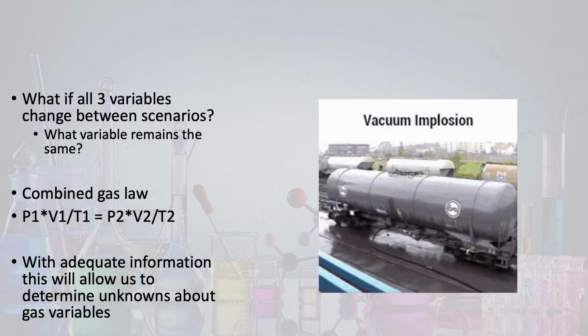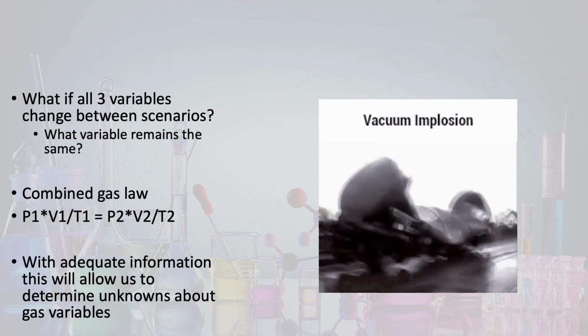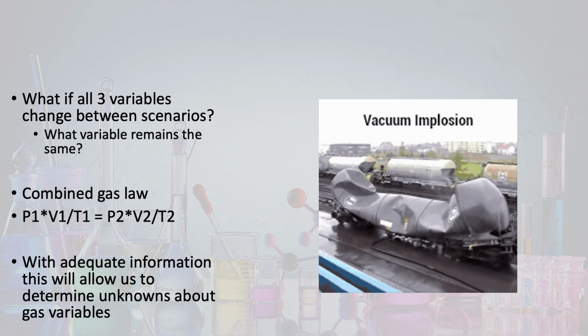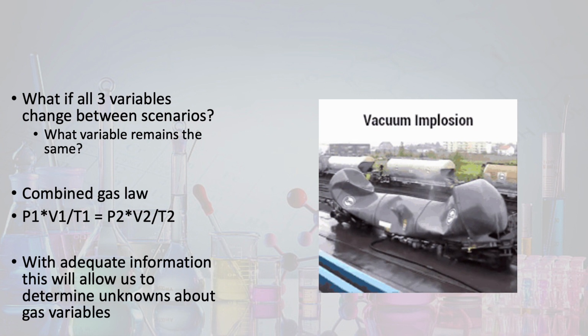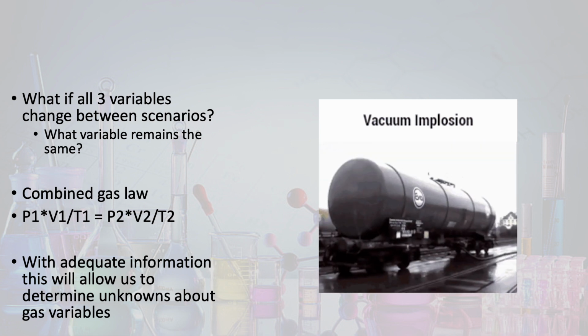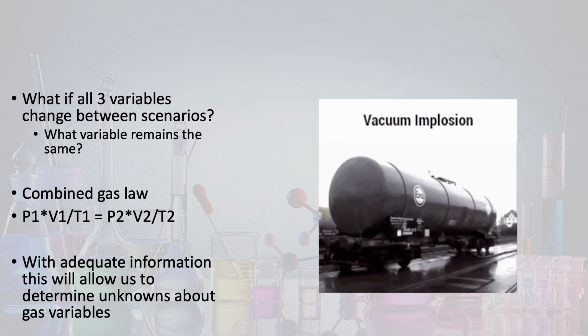In this case, this GIF over here is one of the examples we can use. Initially, this tanker is filled with very hot water in a gaseous phase, and it has an initial volume with an initial pressure.